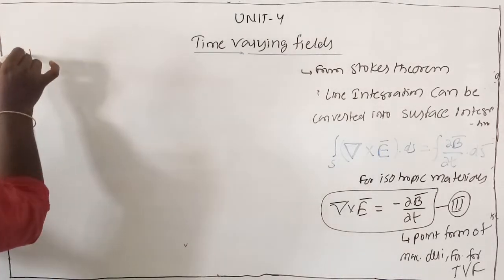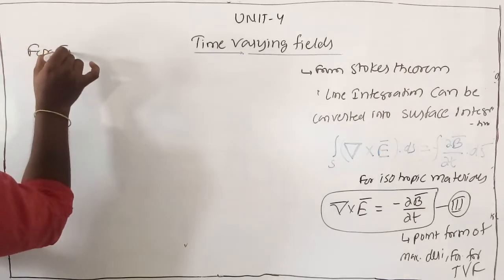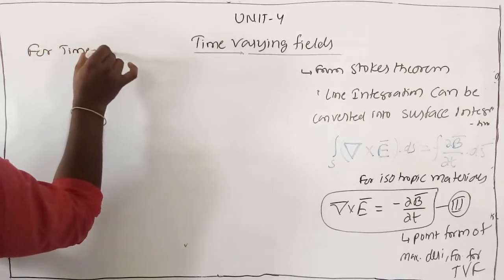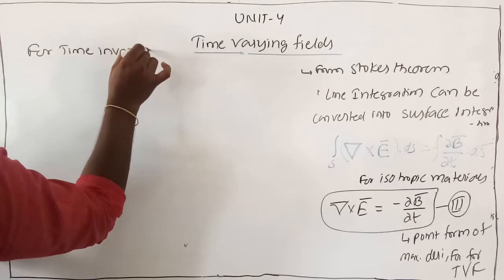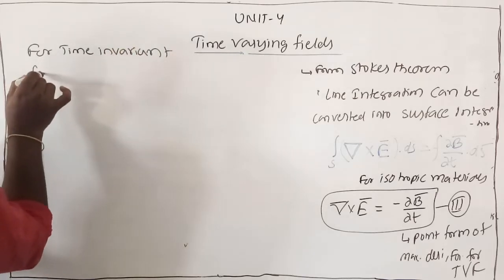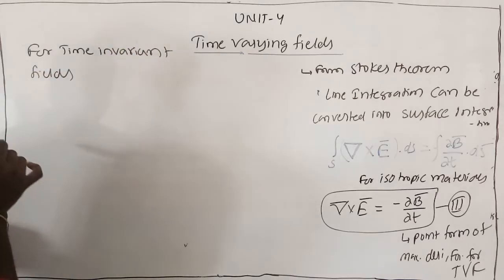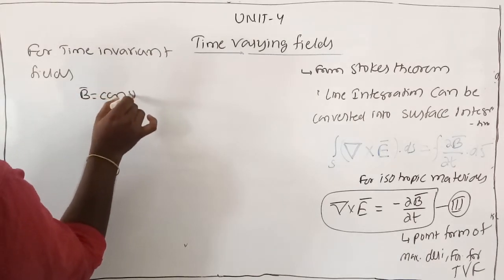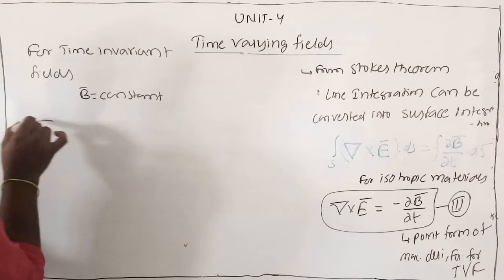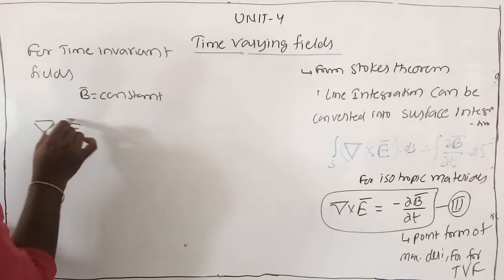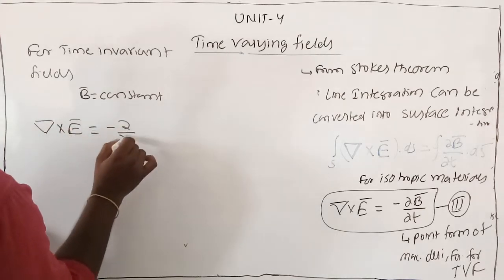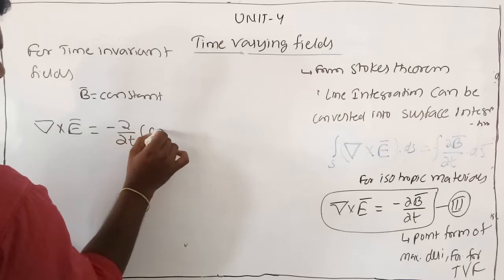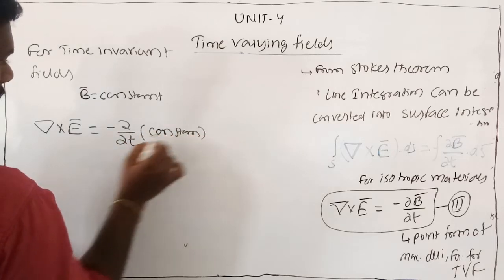For time invariant fields, B bar is constant. So as B bar is constant, del cross E bar is equal to minus dou B by dou t of a constant.